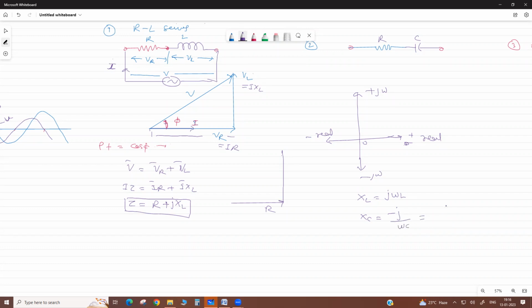Or we can write 1 by j omega C, which is minus j by omega C, negative.